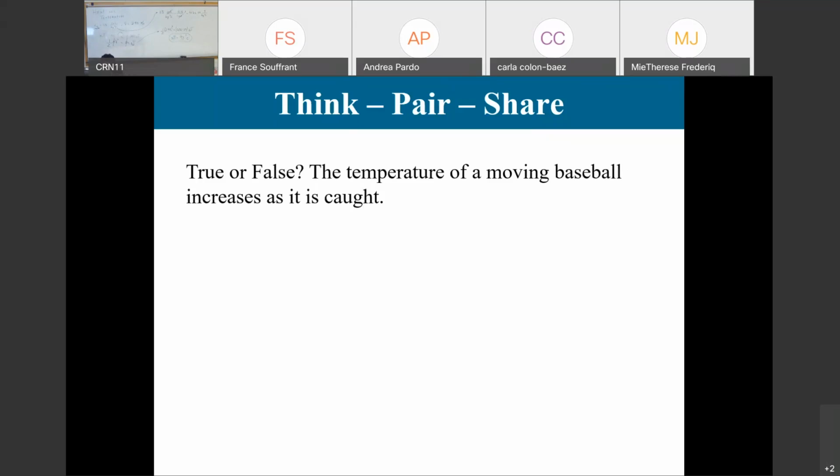True or false? Anybody? It's true, right? The reason why sometimes it can even hurt a little bit is because of not just the force exerted by the baseball on your hand, but also because of the heat release. The kinetic energy of the baseball is transferred to thermal energy, heat.